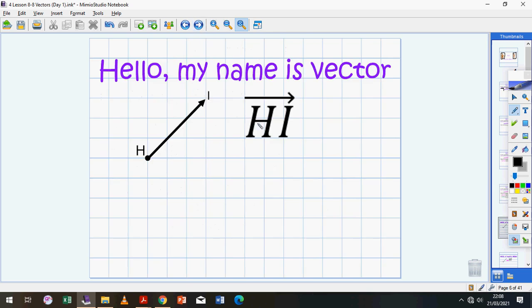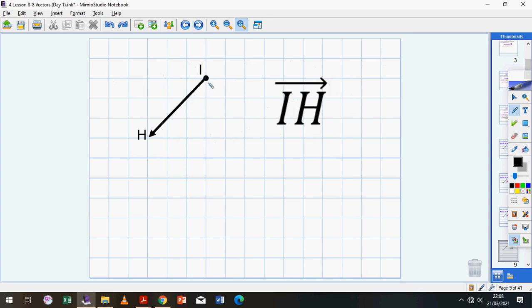So for example, in this vector called HI, it starts at H, goes towards I, right? So if you try to draw it, this is what it would look like, starting at H, going towards I. This one starts at I, goes to H, and it's written IH to represent that it's in the opposite direction.